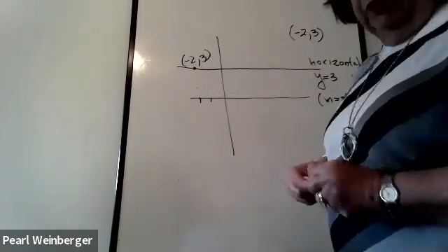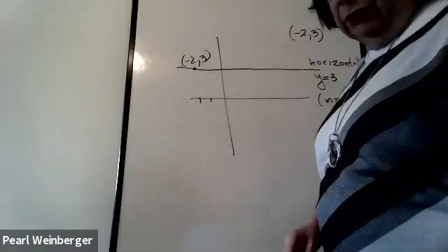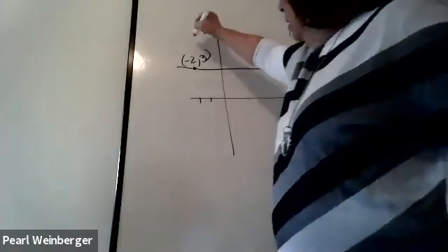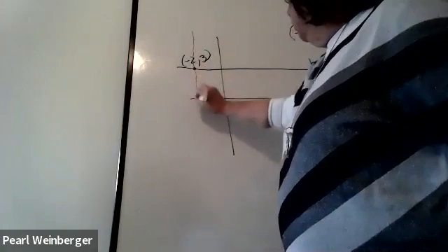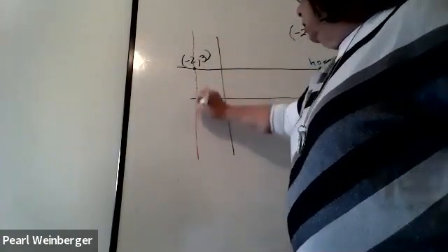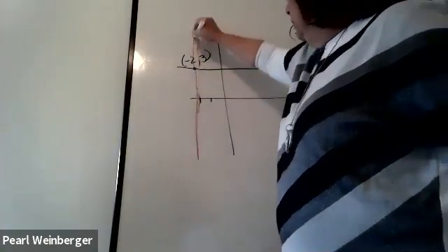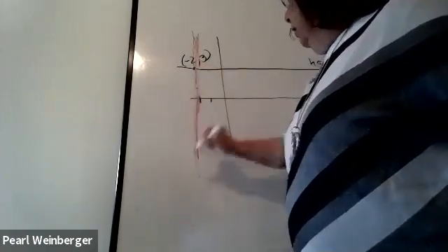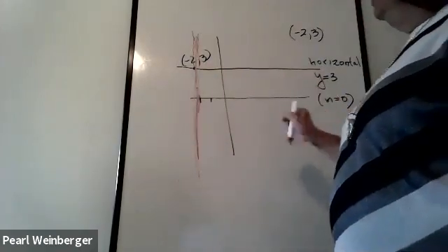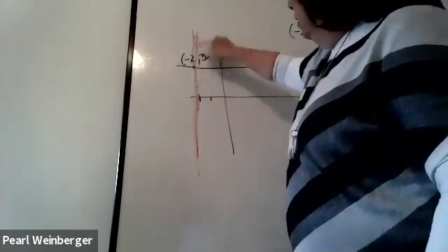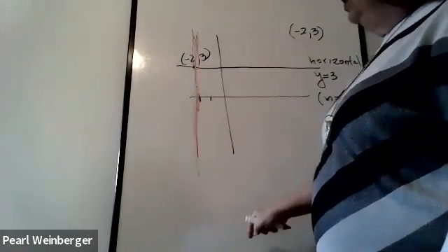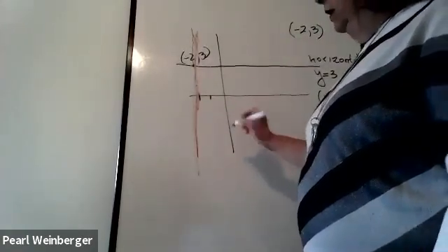When it comes to a vertical line, say we have a line like this. Here's a vertical line. A vertical line is a line that goes right up and down.